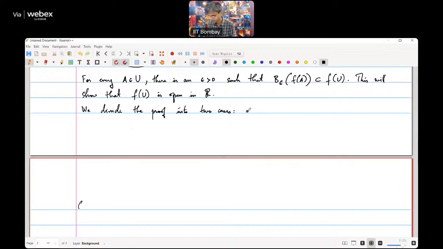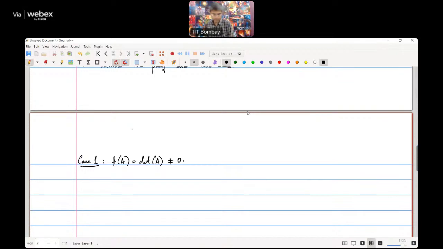Okay. So case one is the determinant of A, f of A, which is the determinant of A, that is not equal to 0. Okay. So let's see how to prove this in this case.